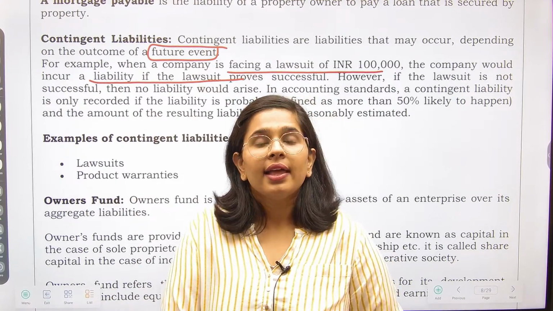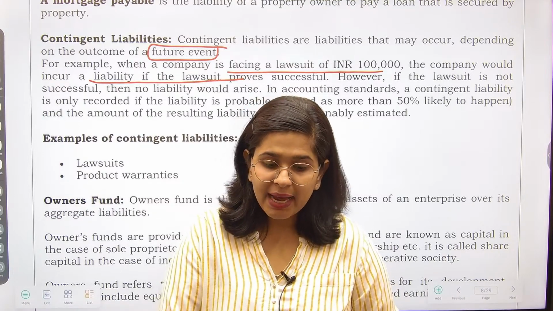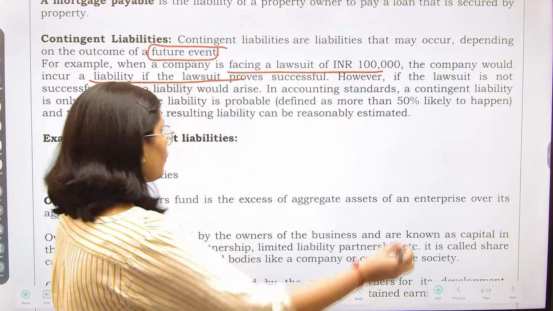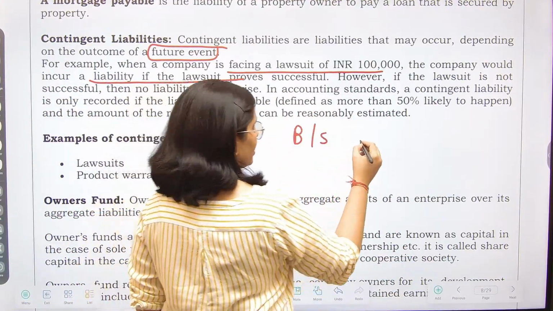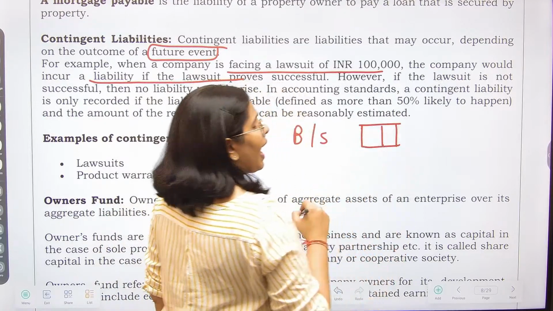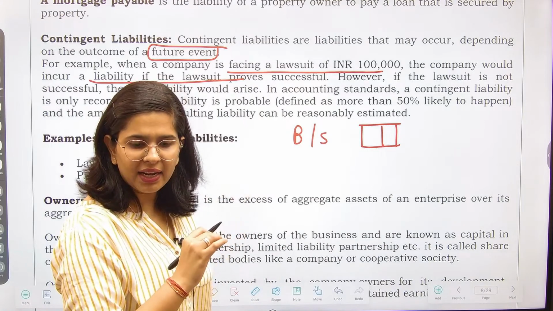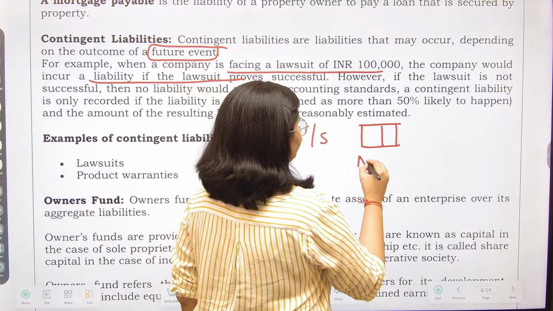That is why there is a prescribed way provided for it. What is that prescribed way? Whenever you create the balance sheet, suppose this is my balance sheet, a small balance sheet, it has been created, right? Now below this balance sheet, what I am going to write is note.